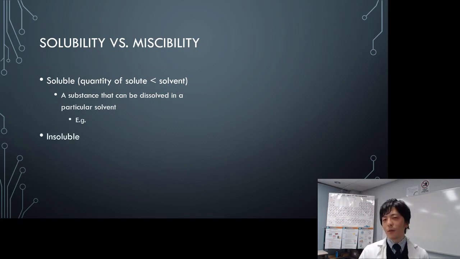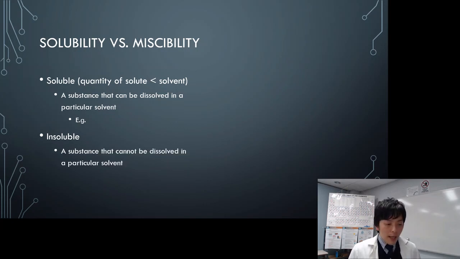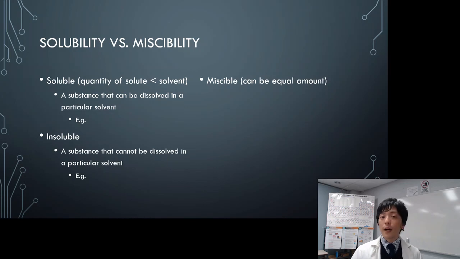What can you come up with as an example? Come up with an example, and we'll discuss that. On the other hand, what does it mean to be insoluble? Well, a substance that cannot be dissolved in a particular solvent. Again, try to come up with an example. Just one simple example from your daily life is fine.